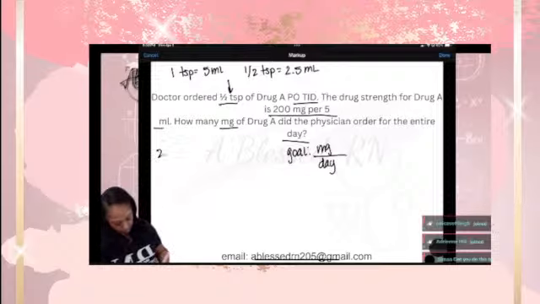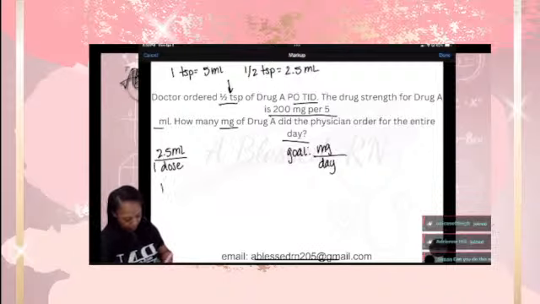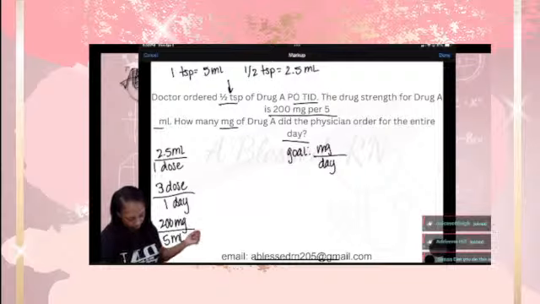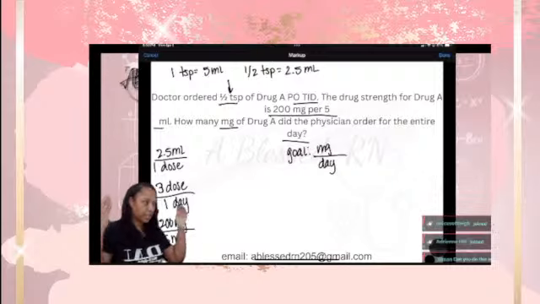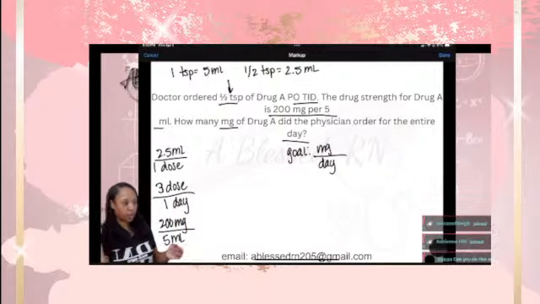So we know that 2.5 milliliters is given as 1 dose. Okay. Then 1 dose is given 3 times a day. So 3 doses in 1 day. And then our medicine is 200 milligrams for 5 milliliters. And we are trying to find how many milligrams per day.